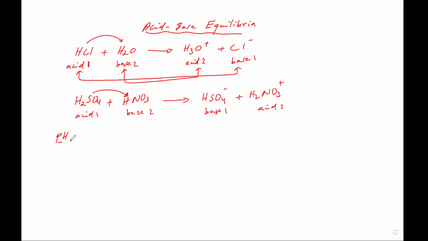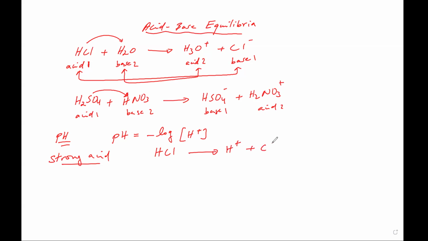Now, how do we calculate the pH? We know that pH is equal to minus log the hydrogen ion concentration. If we have a strong acid, at once we say that the concentration of the acid is equal to the concentration of the hydrogen ions, because the dissociation is complete, or the ionization is complete.